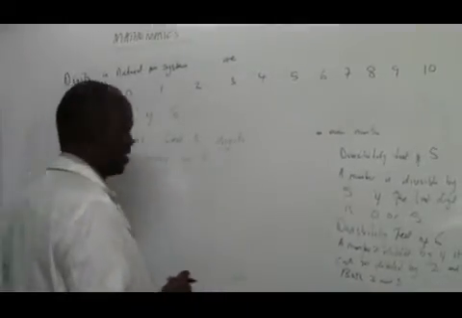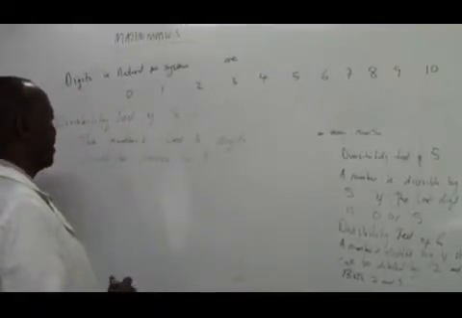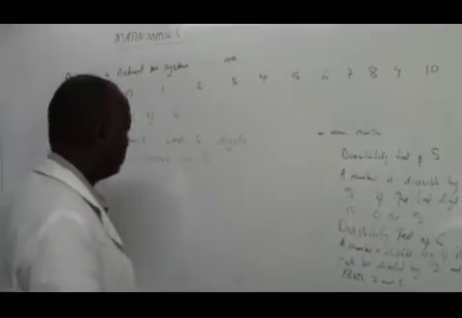So if the last 3 digits are divisible by 8, then that number is divisible by 8.